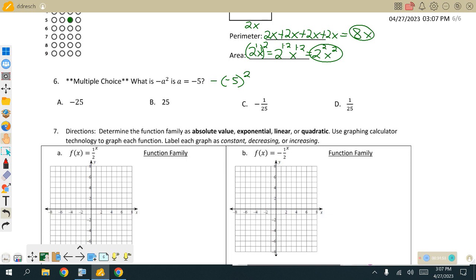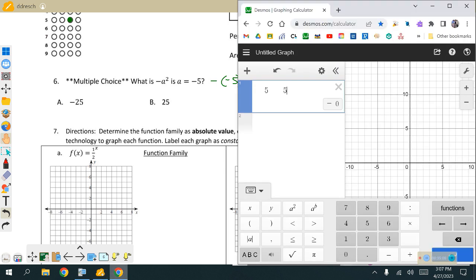So when we did the substitution property way back when, this is what I'm typing into my calculator: negative out front, parentheses, -5, and then squared. If you don't have what's on your paper correctly, then you're screwed on the calculator.